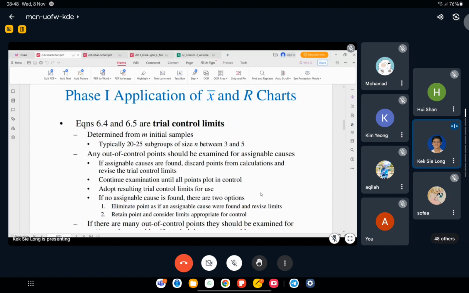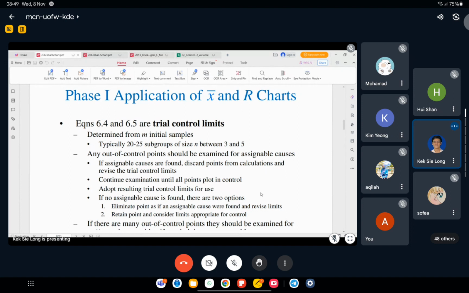We have mentioned that quality control involves two phases, phase 1 and phase 2. In phase 1, we will consider the control chart. This is the purpose of discussing control charts for variable data and control charts for attribute data. All the control charts we constructed are actually for the first impression.